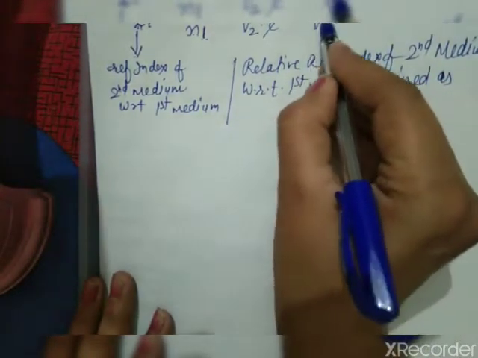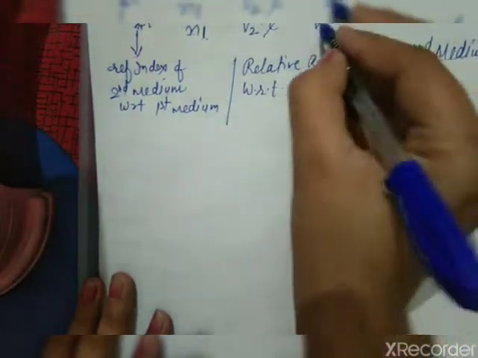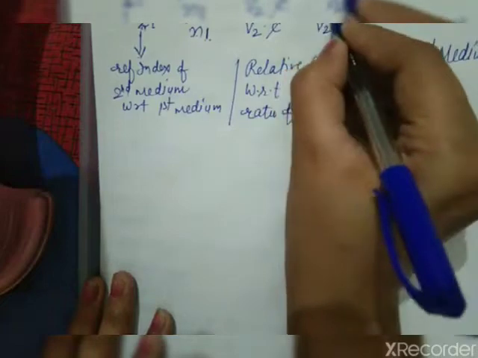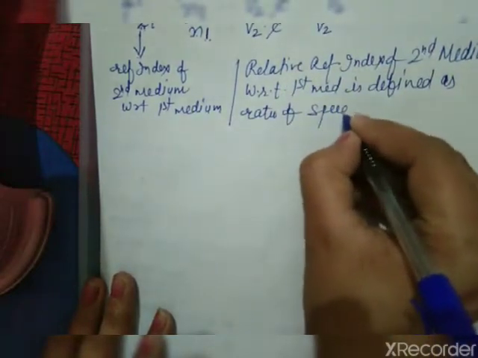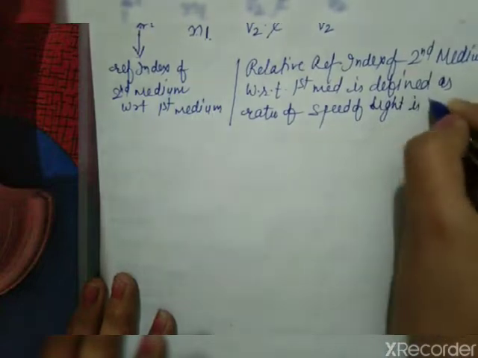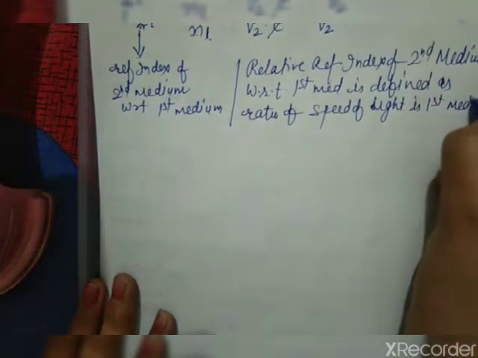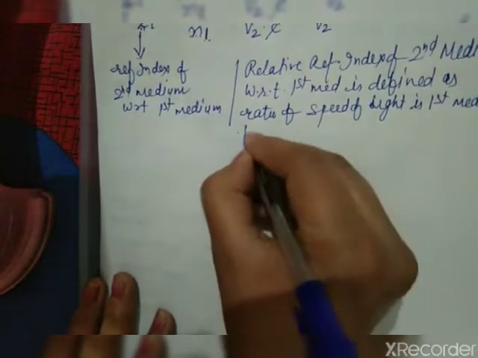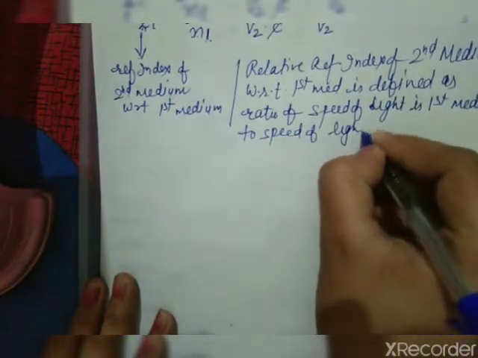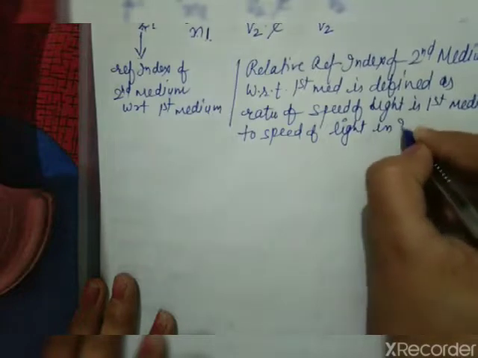Just giving the statement of mathematical term, defined as ratio of speed of light in first medium to speed of light in second medium.